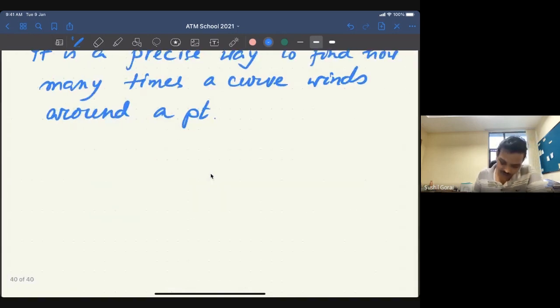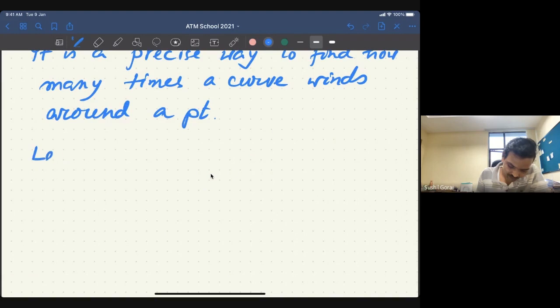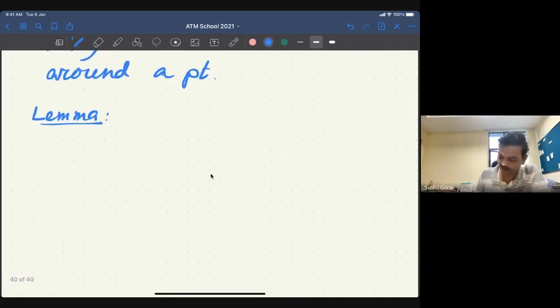Well, before going into defining this one, let's look at a small lemma. This you already know, I think everybody knows it, but let me state it. I'm not going to prove it, but let me state it.